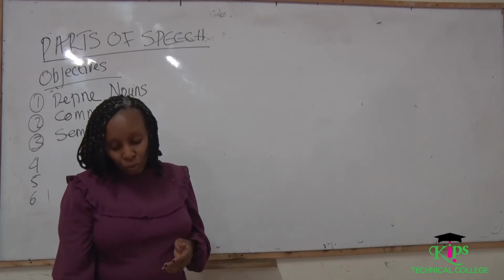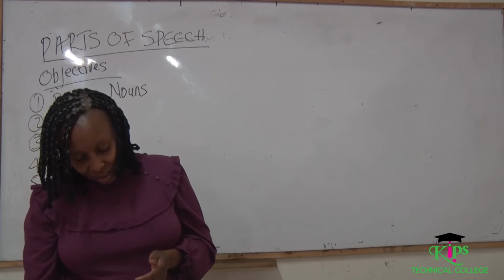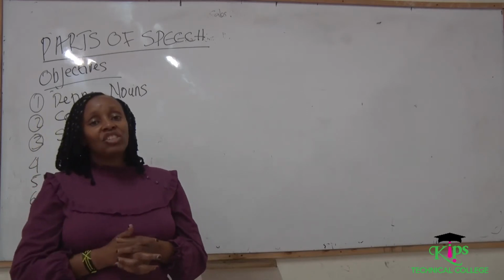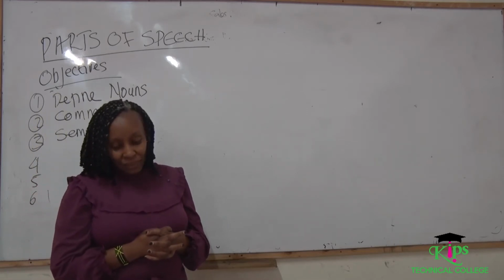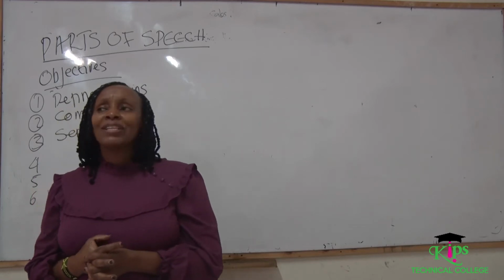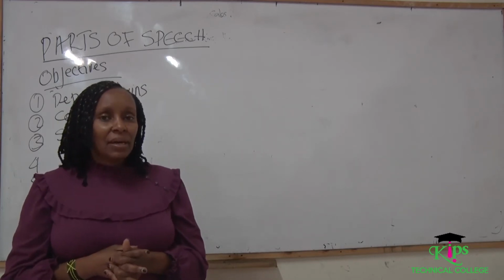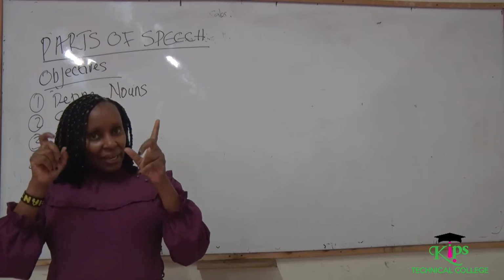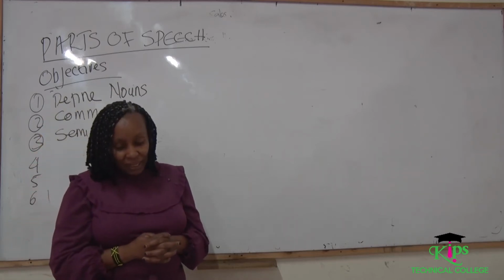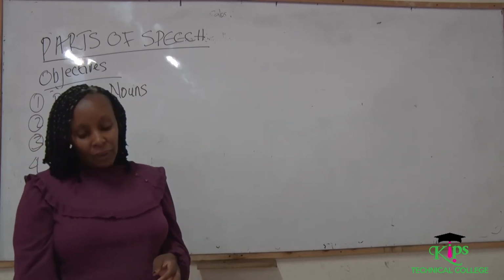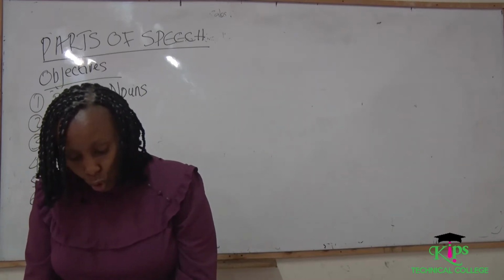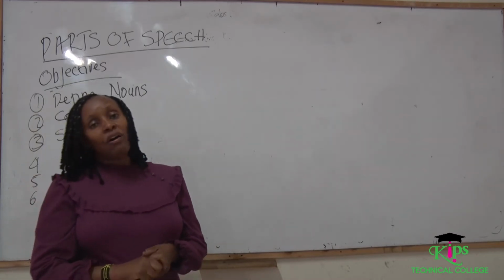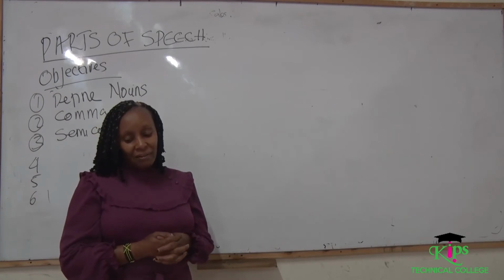We'll also be able to define what an adjective is, and we say an adjective describes the noun. For example, the big tree. So big here becomes the adjective. Then we'll also look at the definition of verbs. What are verbs?